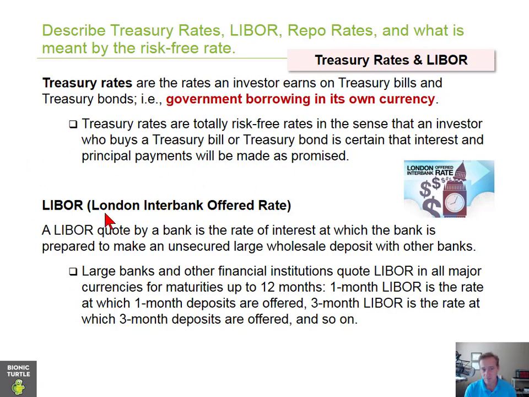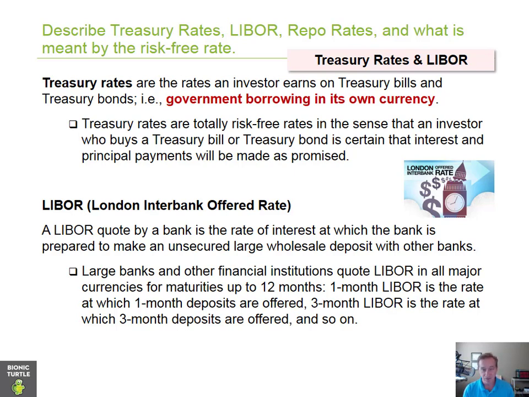Then we have LIBOR, London Interbank Offer Rate. Very common rate, controversial after there was a well-publicized crisis associated with LIBOR and traders actually manipulating LIBOR because the actual number is determined by a survey of major banks.